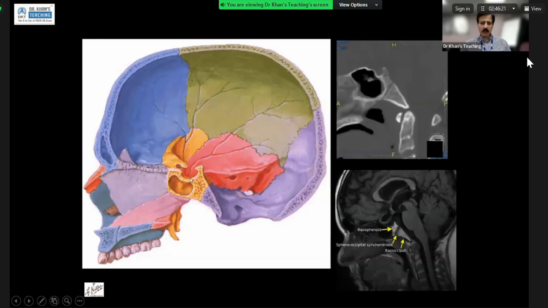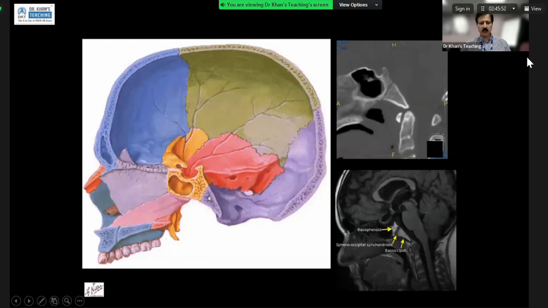This is the midline sagittal view, and this is the pituitary fossa, which is made up of the sphenoid bone. But this bone here is the clivus. Key point to remember is that part of the clivus is made up of the sphenoid bone, and part of it is made up of the occipital bone.